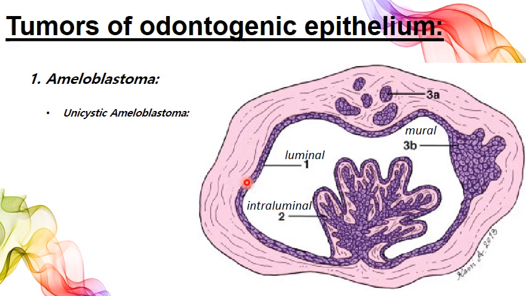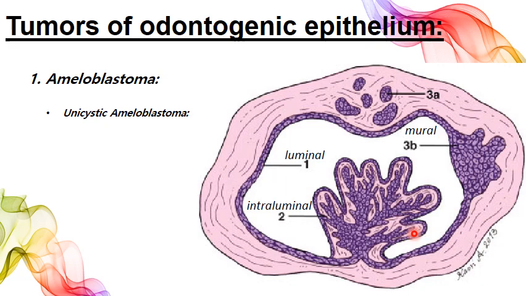Second, intraluminal unicystic, which contains one or more nodules projecting from the cystic lining into the lumen of the cyst. These nodules project into the cyst. This is the intraluminal. These nodules may be small or large, and sometimes may fill the cyst.